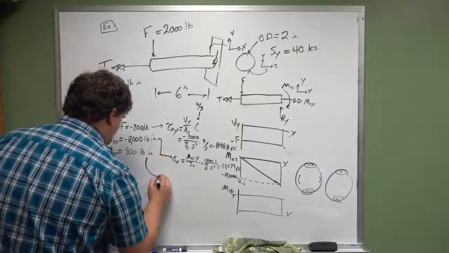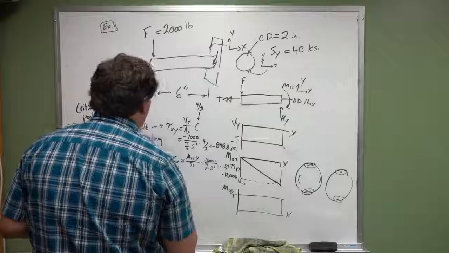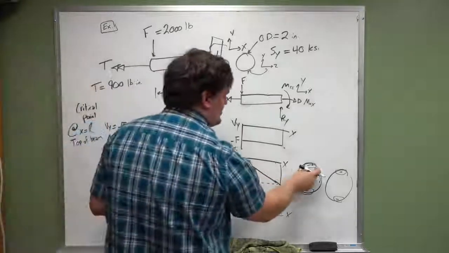Okay, and then lastly, the equation for torsional stress is tau. Now we're looking at the top of the beam here.